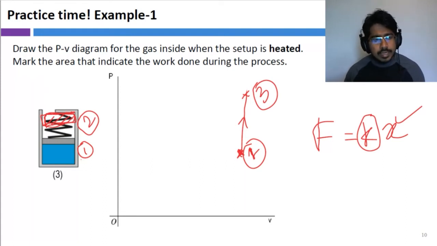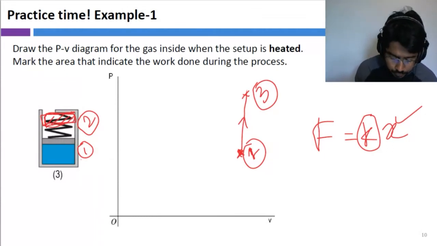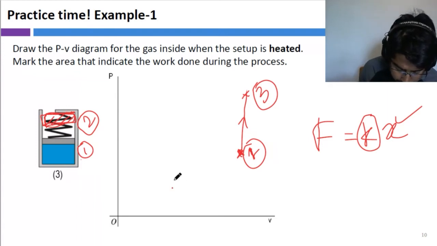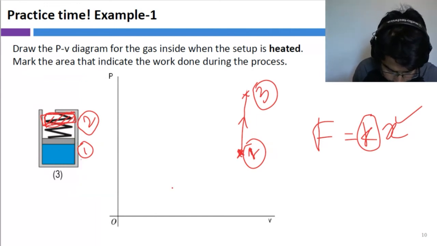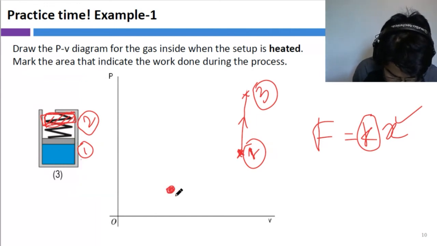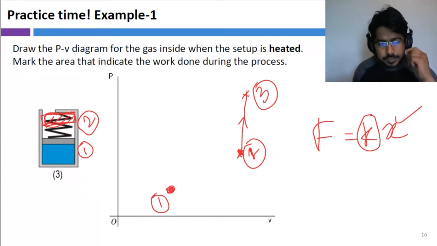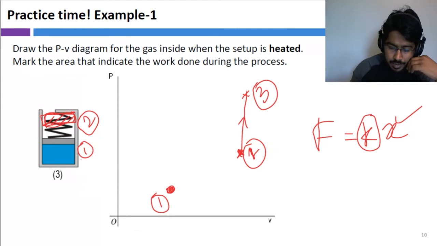So we all agreed the pressure and volume are going to increase as we heat the system from state 1 to 2. So we know that state 1 is going to be here.